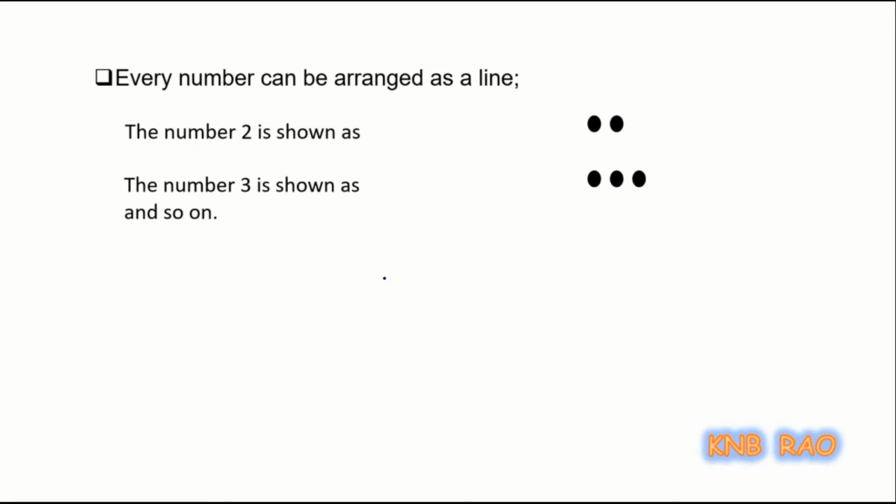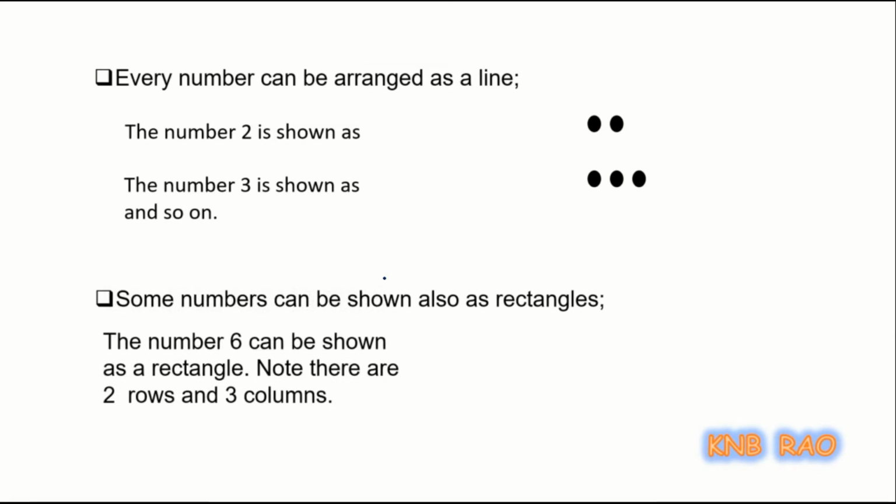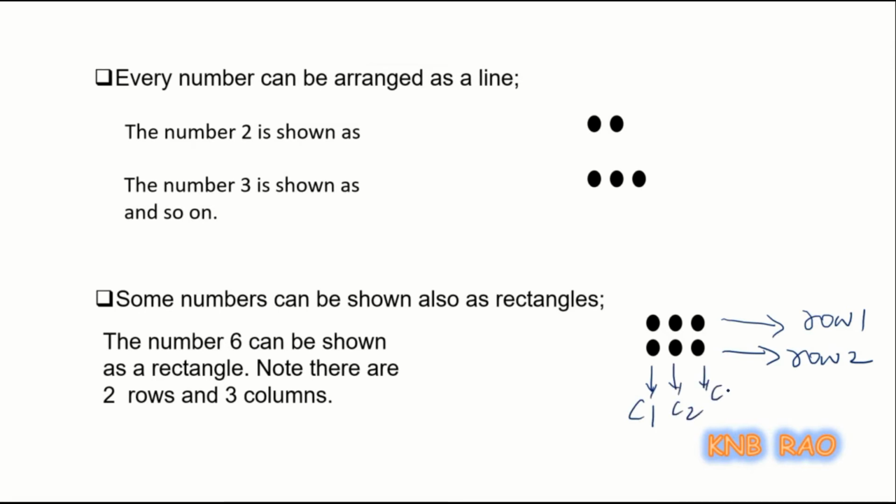Next, some numbers can be arranged as rectangles. Only some. Example, number 6 can be arranged as rectangle, like how I am showing. Here I have got 2 rows, row 1, row 2. Here I have got column 1, column 2, column 3.